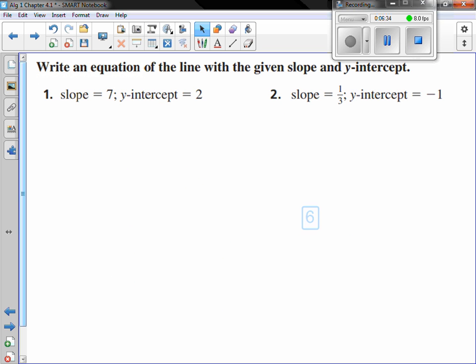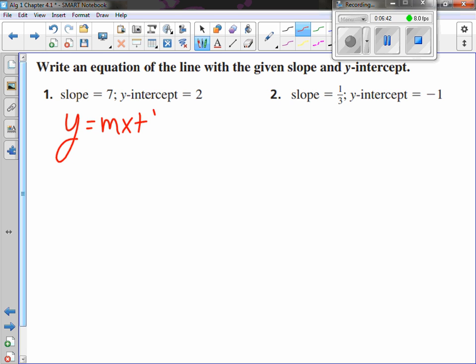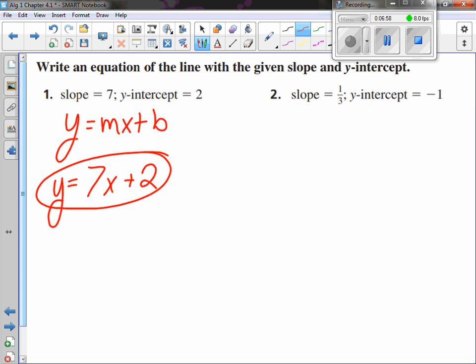Okay. So let's look at number 1 here. We're wanting to write this in slope-intercept form, y equals mx plus b. Well, the slope for this first one is 7, so we'll plug 7 in for m, which would give me 7x plus 2.